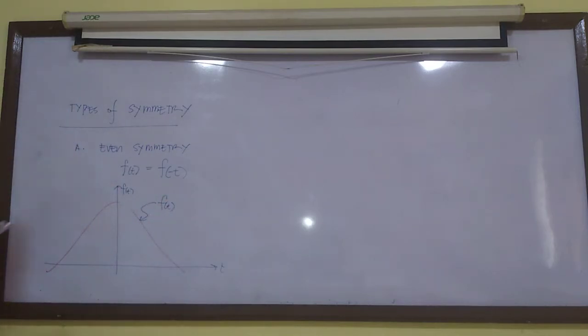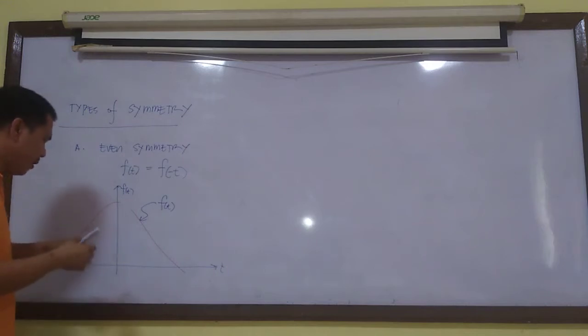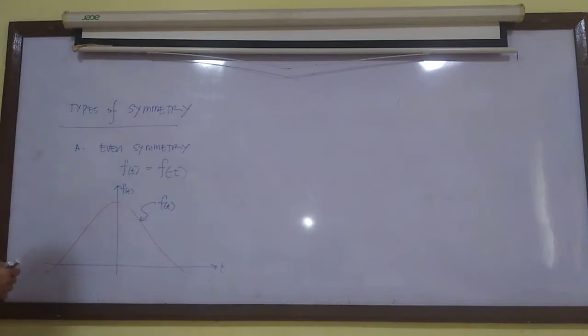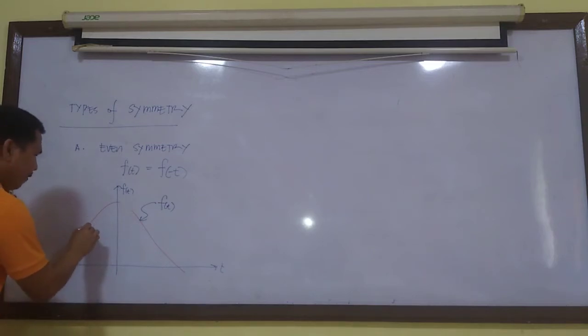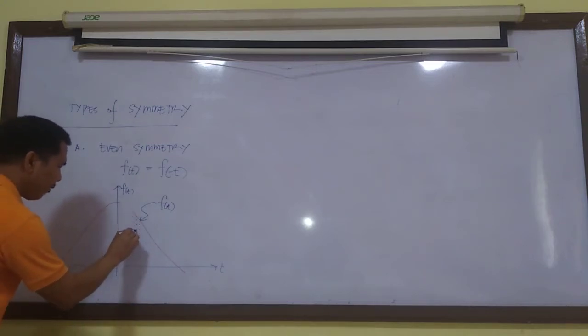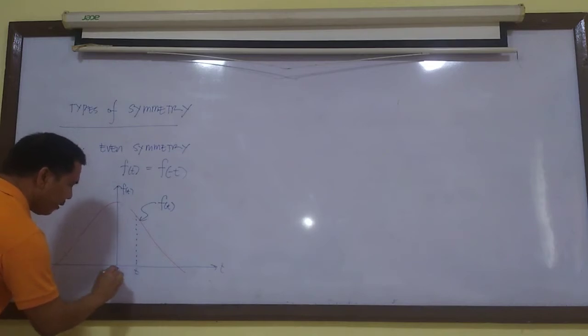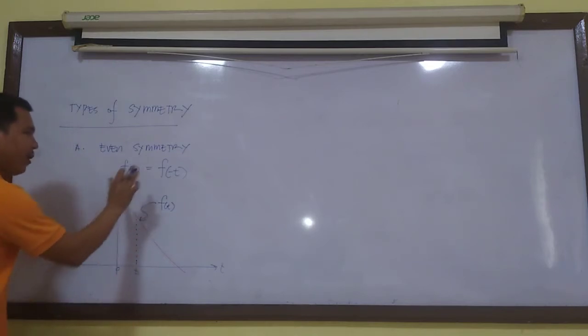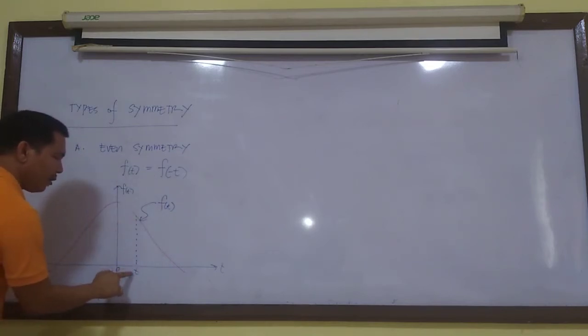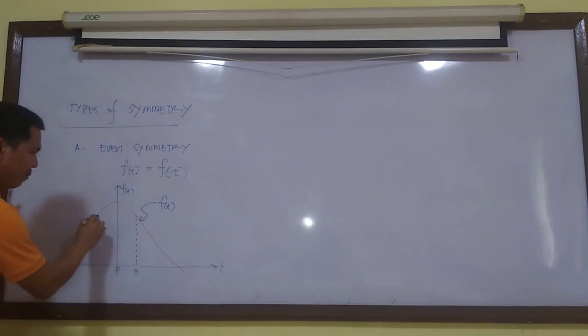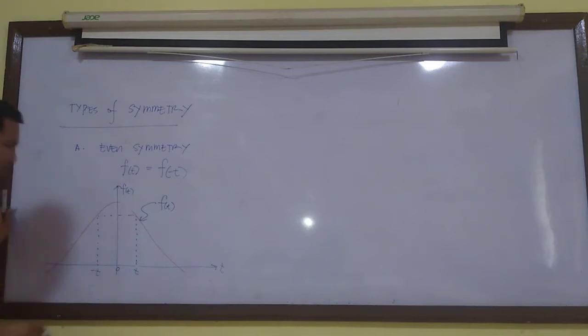Now what does it mean when you say even symmetry? Even symmetry means that the value of your f of t, assuming this is your time t from the origin, if t is equal to this value, will also have the same value for negative values of t. That's how you represent your symmetry.